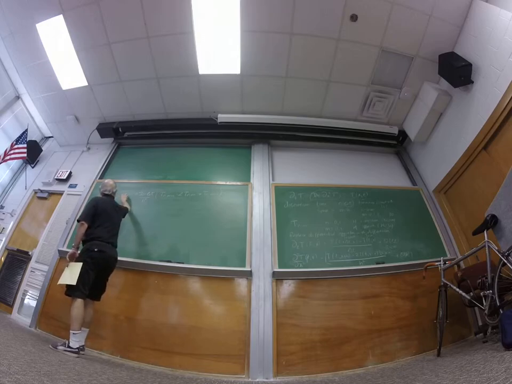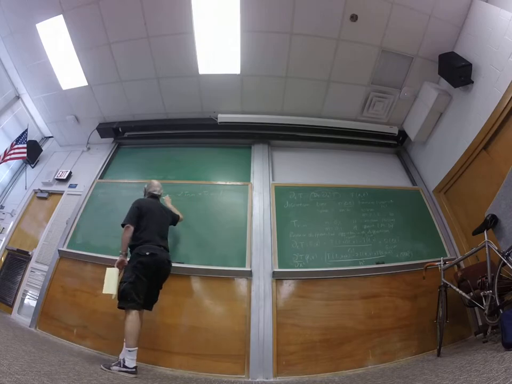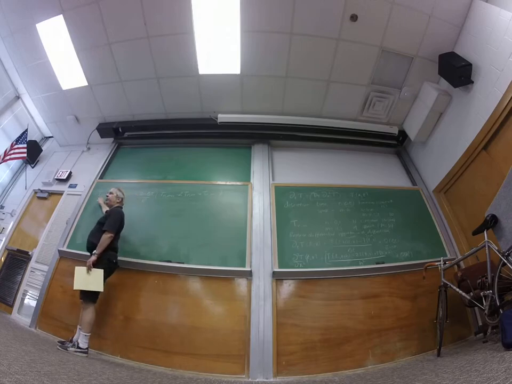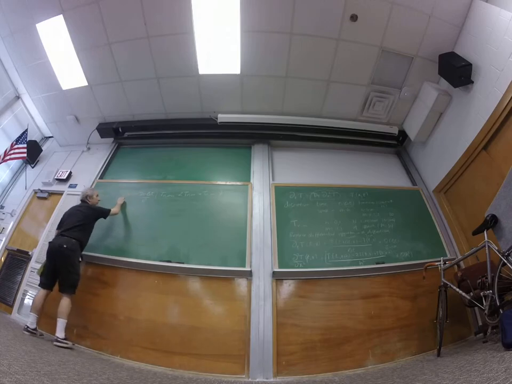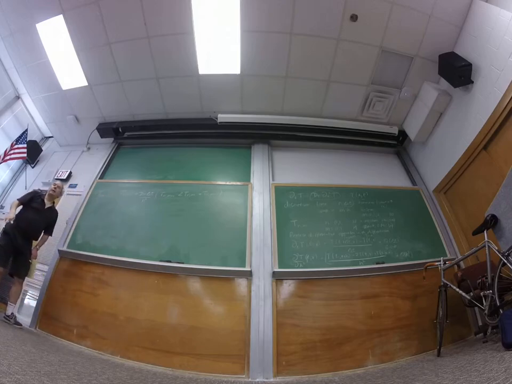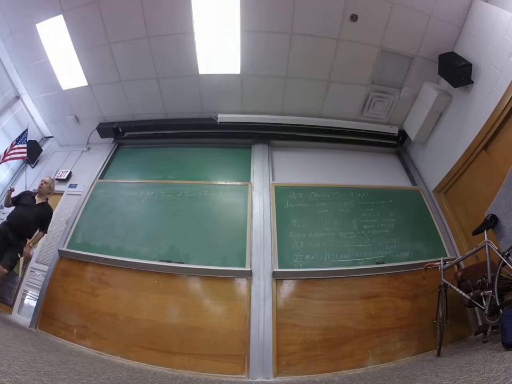If I know the temperature field, for instance, at n equals 0, I've got everything I need to calculate the temperature field at n equals 1. And then if I've got the temperature field at n equals 1, I can calculate it at n equals 2 and step forward, just like we did for the ODE with the Euler method. The only difference is that instead of stepping forward one thing, I'm going to be stepping through this whole field of values.